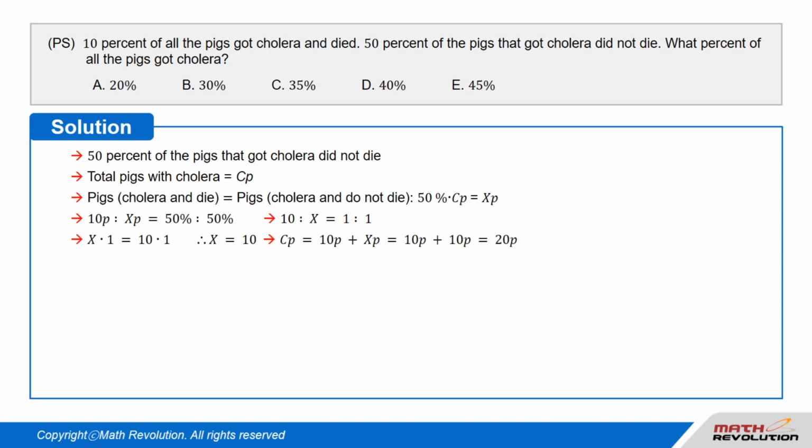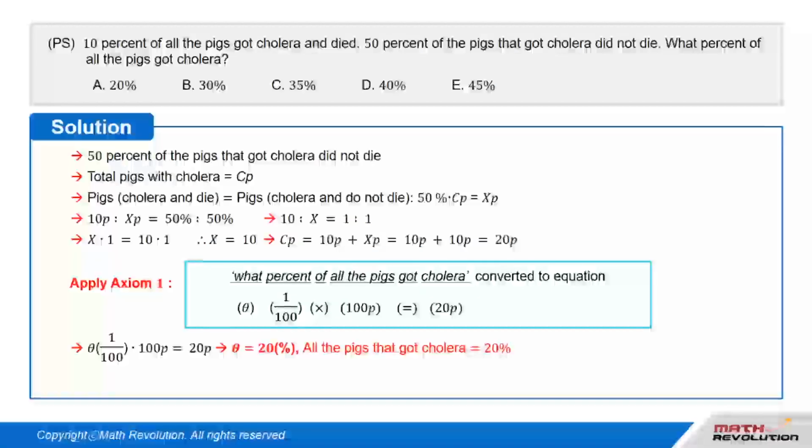This equals X times 1 equal to 10 times 1, or X equal to 10, and C of P equal to 10 times P plus X of P, which equals 10 times P plus 10 times P, that equals 20 times P. Also, we use axiom 1 when we are converting statements to equations.